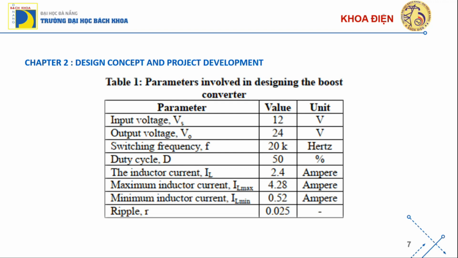The inductor current was 2.48 amps average, with a maximum of about 4.28 and a minimum of 0.58, and a ripple of about 2.5%.